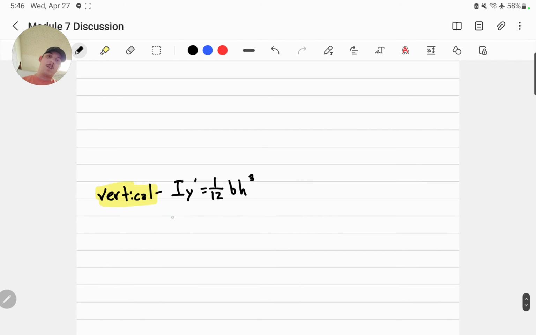For this one, 1 over 12 base is 160, height is 20 cubed, and this equals 106,667 millimeters to the fourth.